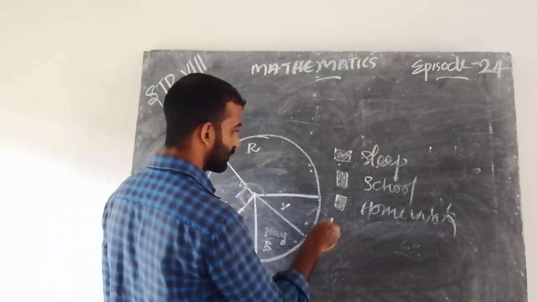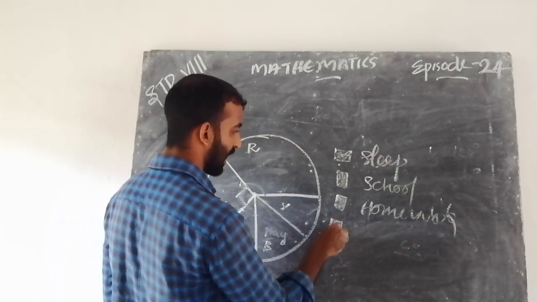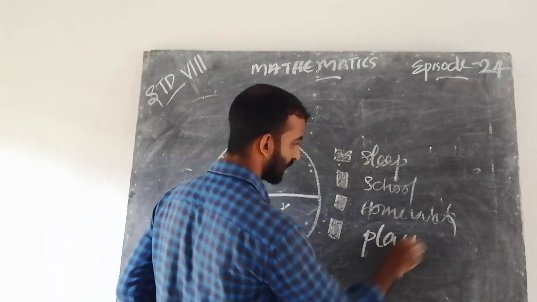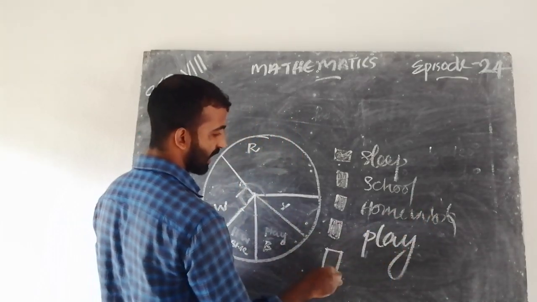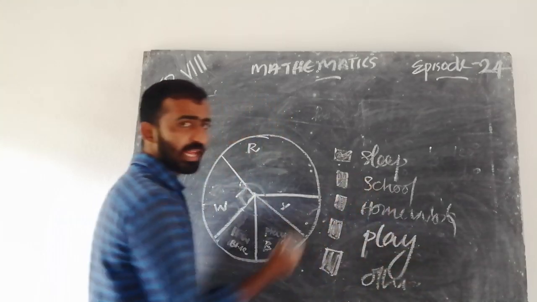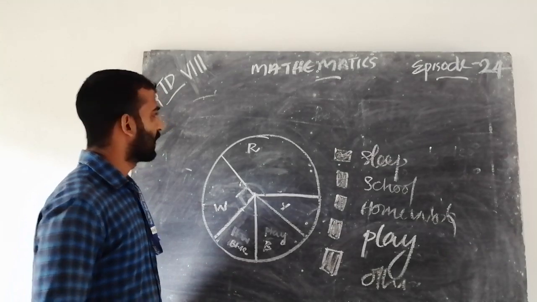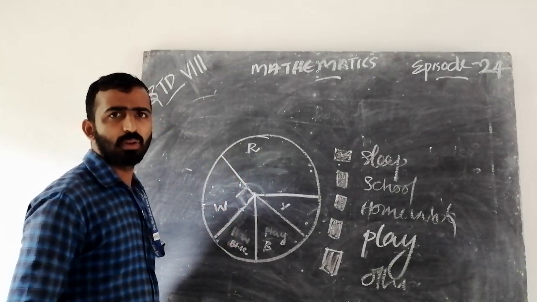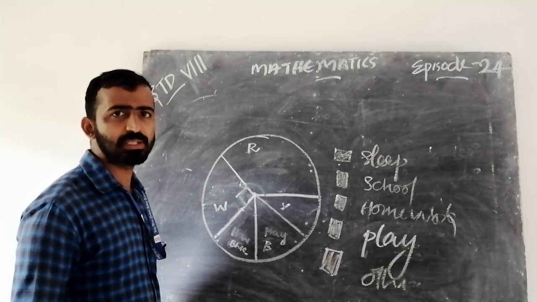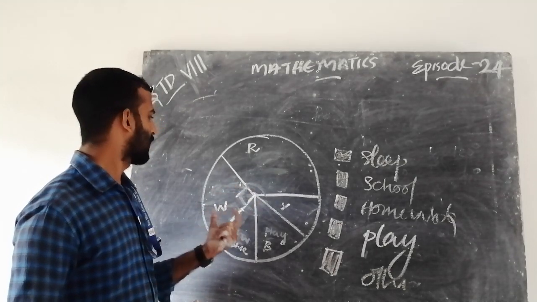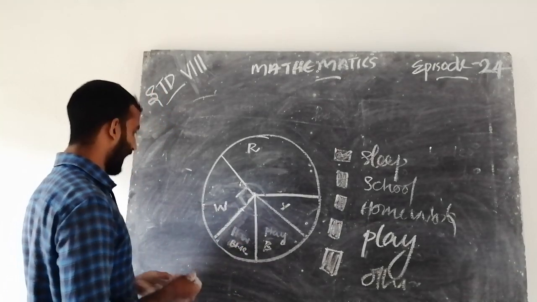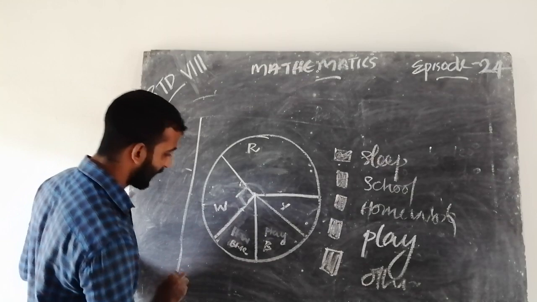Next is black color, play. And next is yellow color, others. You can take any other colors, like green, black, yellow, violet, as you like. Here I take red, white, blue, black, yellow. You can take any color and we make a box.